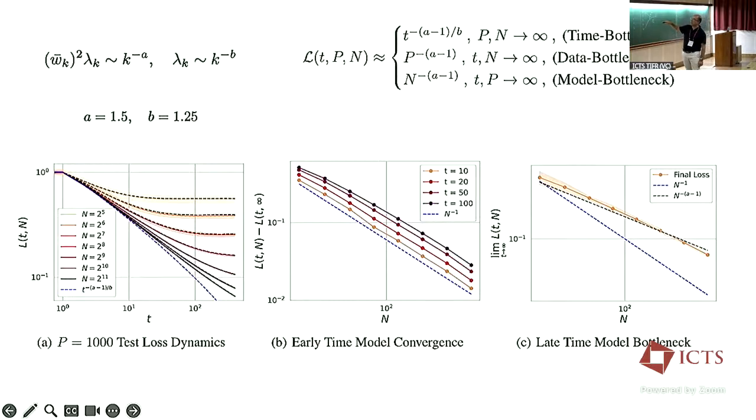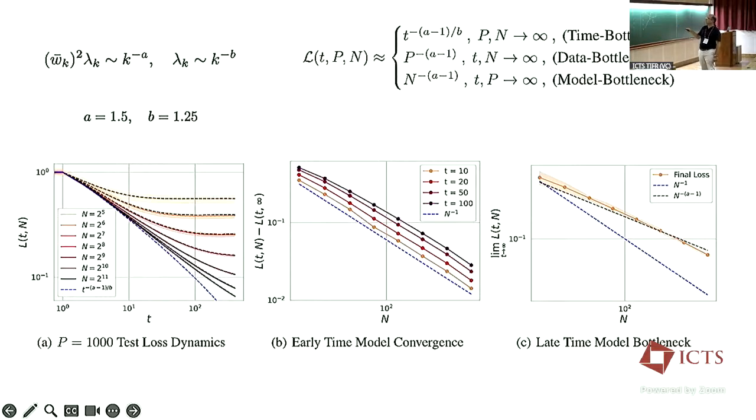But as I get later and later, I have trained the network enough, and the bottleneck becomes the width. So I go to a different scaling regime. If I plot what happens as a function of N, the difference between L(t, N) and L(t, infinity), I'm following the 1 over N scaling, so N is not a bottleneck.